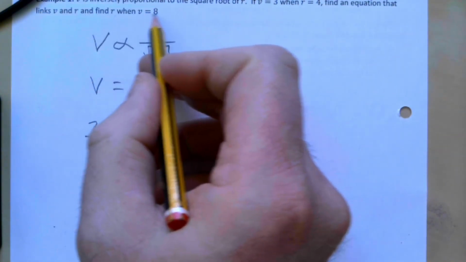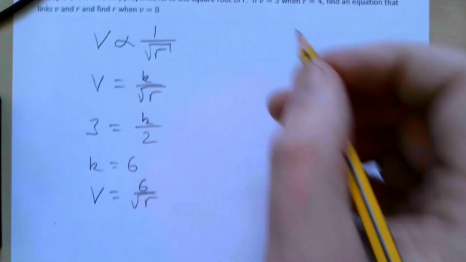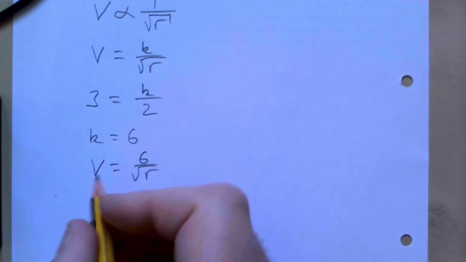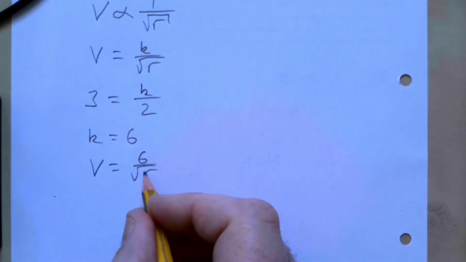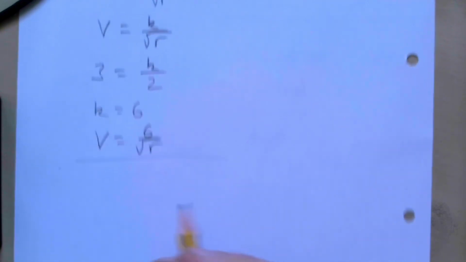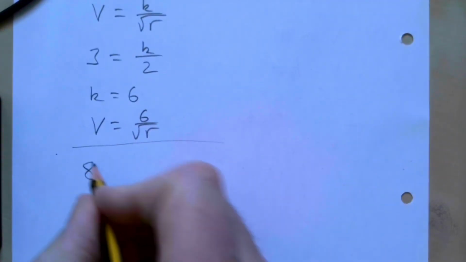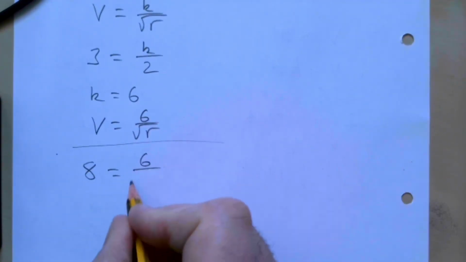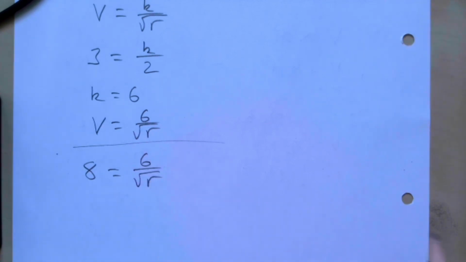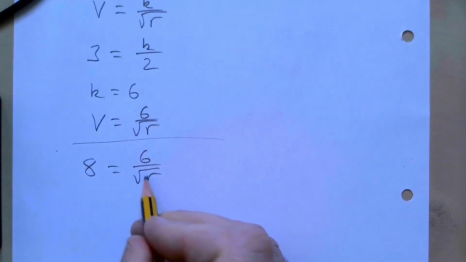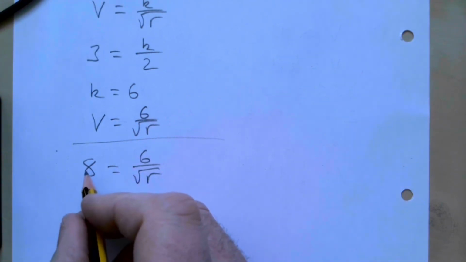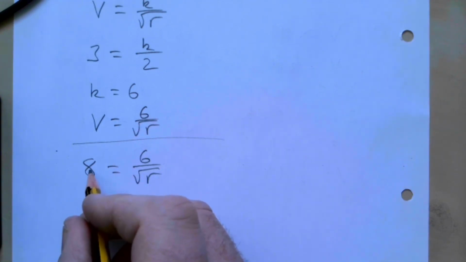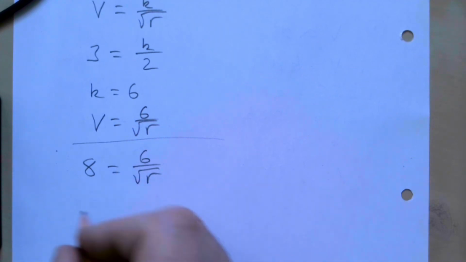Find r when V equals 8. So we are going to go 8 equals 6 over root r. This is one of these awkward ones where the thing we're looking for is on the bottom. So if you want the 2 steps, it would be times by root r, which gives me 8 root r equals 6, and then divide by 8.